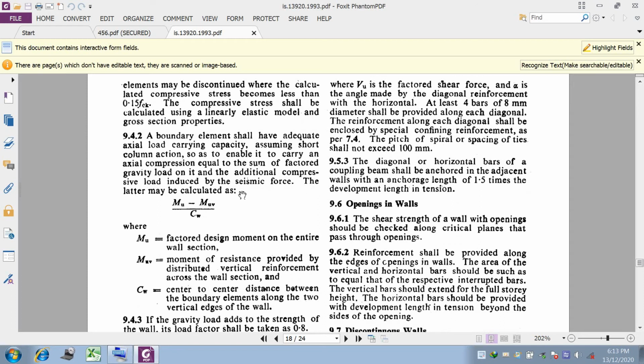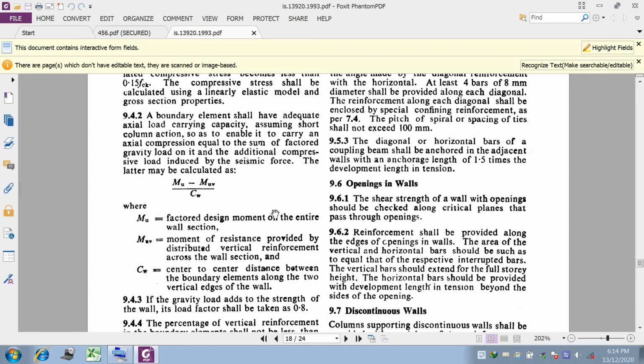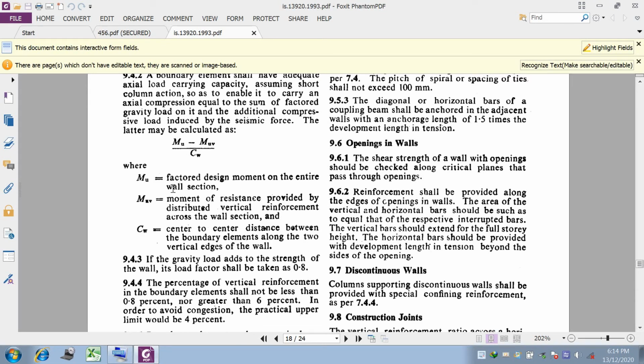So by the formula we can easily calculate the factored design force: Mu minus Muv divided by Cw, you will get the answer. Mu is the factored design moment on the entire wall section, Muv is the moment of resistance provided by the distributed vertical reinforcement, and Cw is the center to center distance.